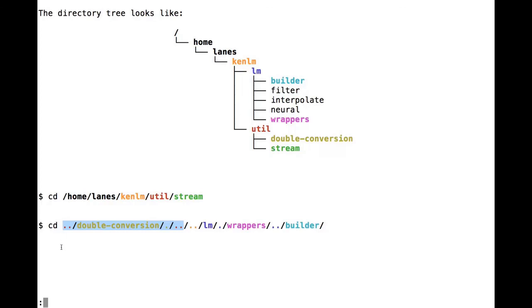The parent of util is kenlm. So, ../double conversion/../.. refers to /home/lanes/kenlm, which we see colored orange in the tree.